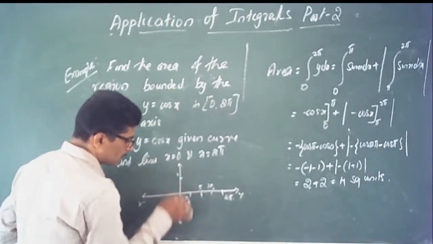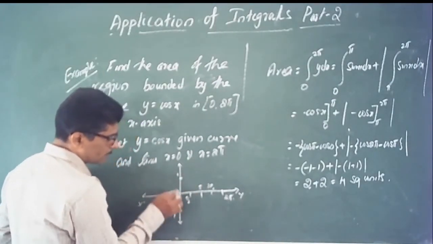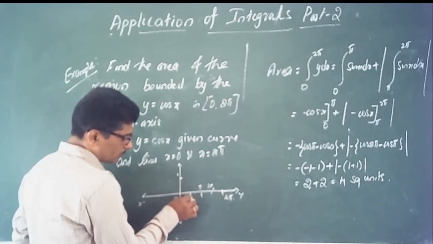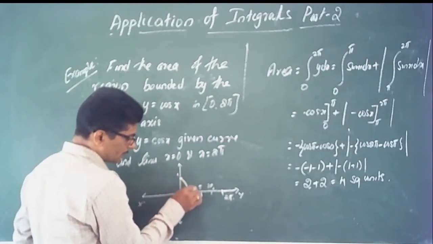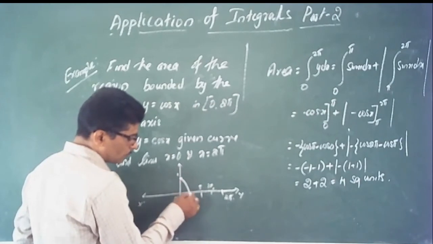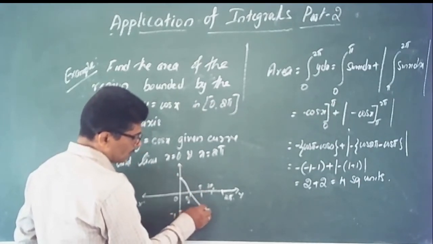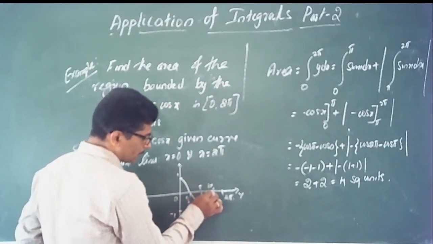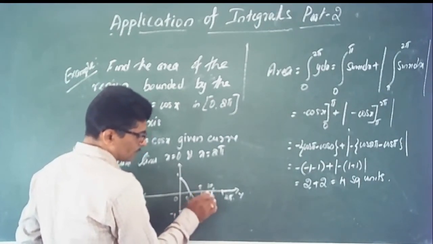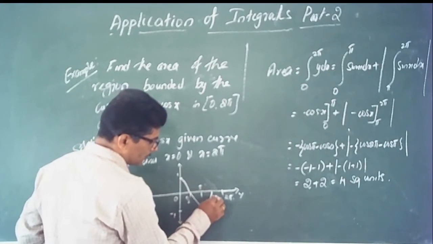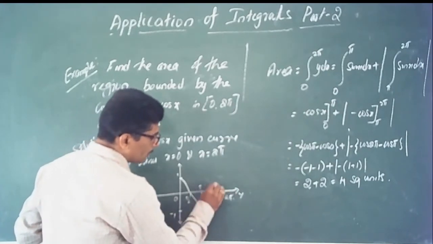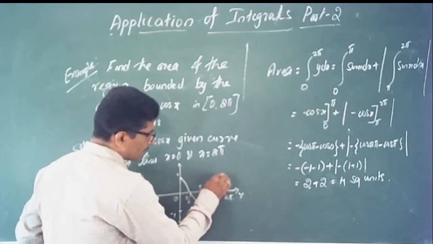Maximum value of cos x is plus 1, minimum value is minus 1. cos 0 is 1, cos pi by 2 is 0. It decreases from pi by 2 to pi, from 0 to minus 1. Then it increases. Is it clear? Taking 3 pi by 2 here, it increases again from 0 to 1.